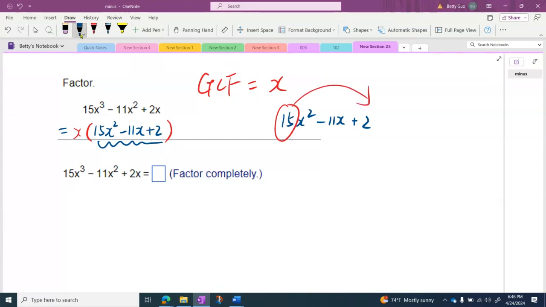So we want to slide, divide, slide. Create a new trinomial by sliding the leading coefficient and multiplying with the constant. And then we shortcut. We need to find the two integers that multiply to 30 and add up to negative 11.